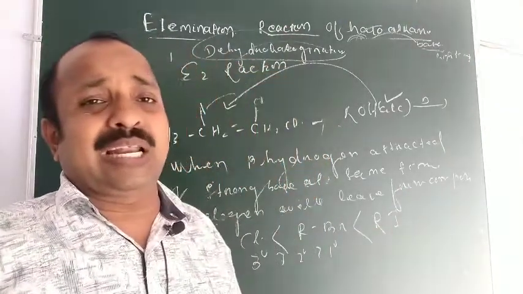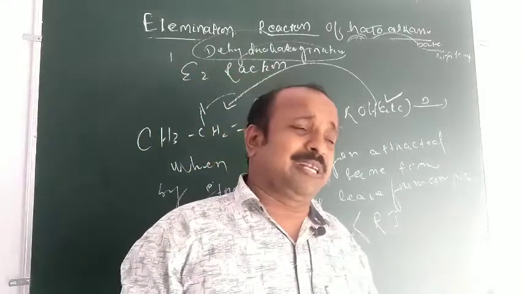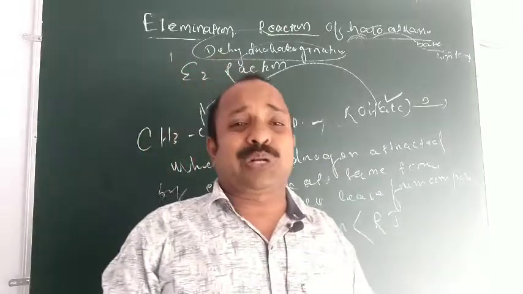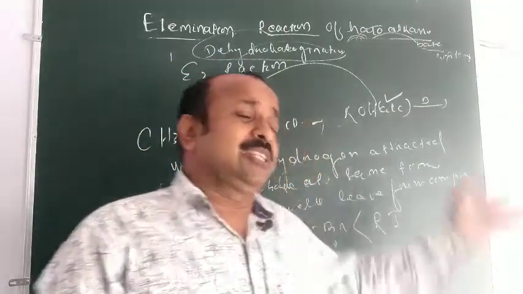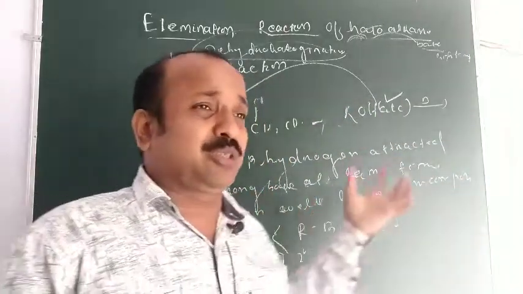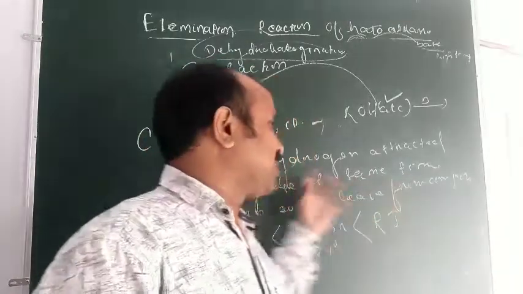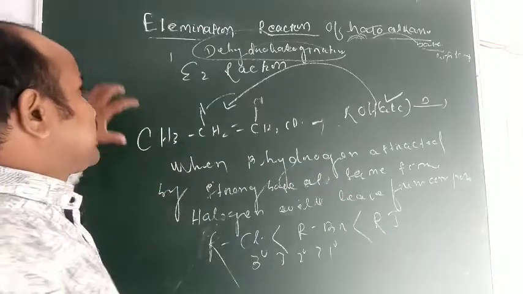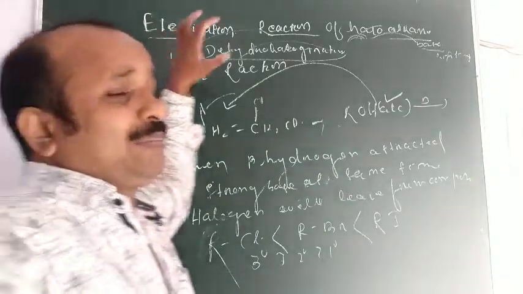Due to alpha beta elimination, it will form the unsaturated compound. Okay, there is also another alpha gamma elimination which forms a cyclic compound, but that is not included in our syllabus. Only alpha beta elimination is in the syllabus.